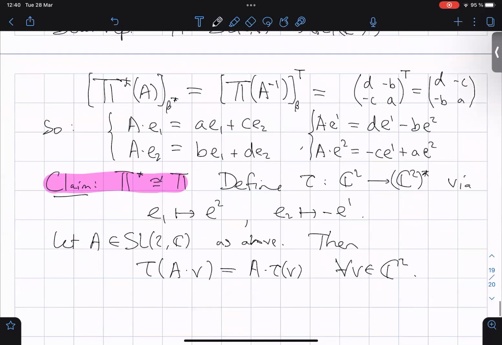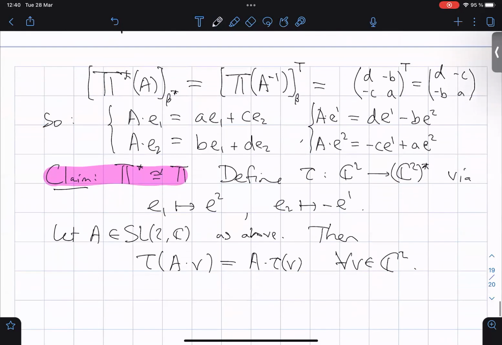So I'll leave that to be checked. So tau is an intertwiner. It's clearly going to be an isomorphism, right? It's surjective and injective, a linear map.